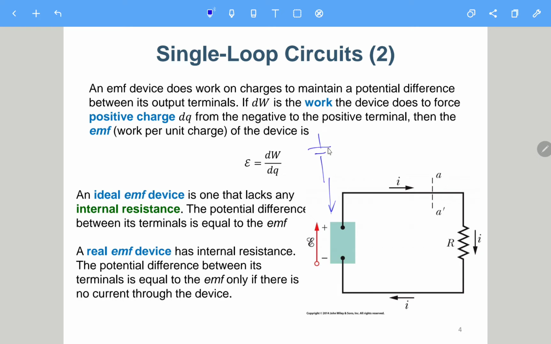The long line stands for the positive end, and the short line stands for the negative end. And sometimes I will draw it like this, a voltage source, Vs or E or whatever. This is also the circuit symbol for the battery, or we will call it an independent voltage source.